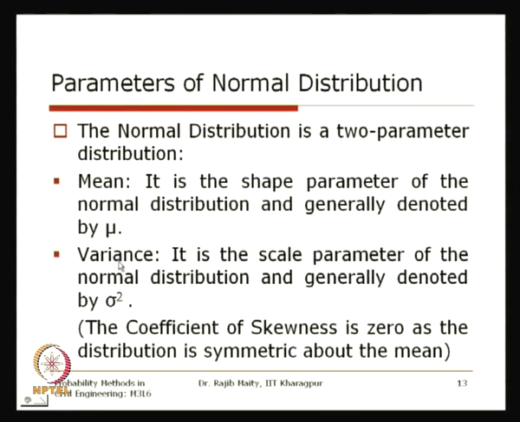The second parameter is the variance. This is the scale parameter of the normal distribution, and it is generally denoted by sigma square. The coefficient of skewness is again 0, similar to the uniform distribution we discussed earlier. This is 0 because this distribution is also symmetric about the mean. That's why the skewness is 0.